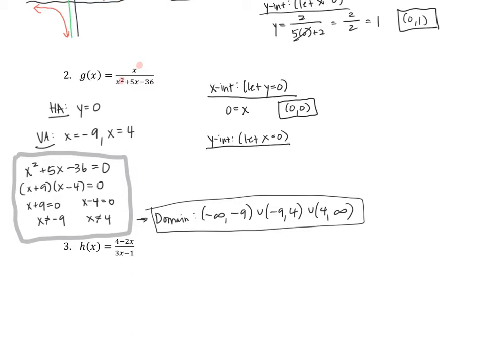So we're going to have y equals 0 over 0 squared plus 5 times 0 minus 36. So it's going to be 0 over negative 36, which is just 0. So again, we have an intercept of 0, 0.